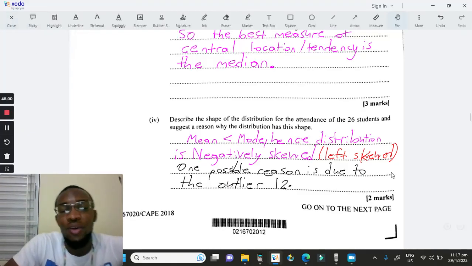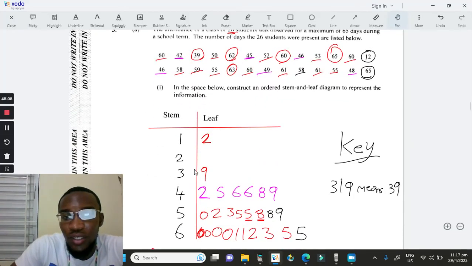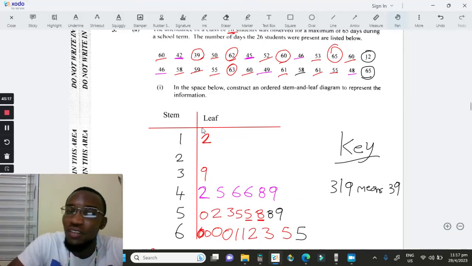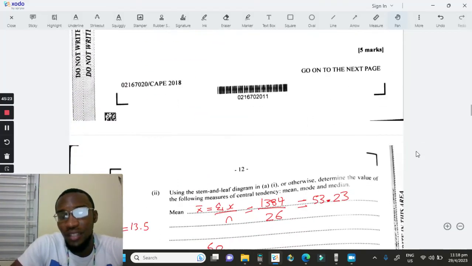Alright? Now, why do we call it an outlier? We notice that everything is bunched between 39 and 65, right? But notice we skip a row, we skip out 20s, and then the lowest is 12. 12 just doesn't fall in place, right? So one possible reason is due to the outlier 12.